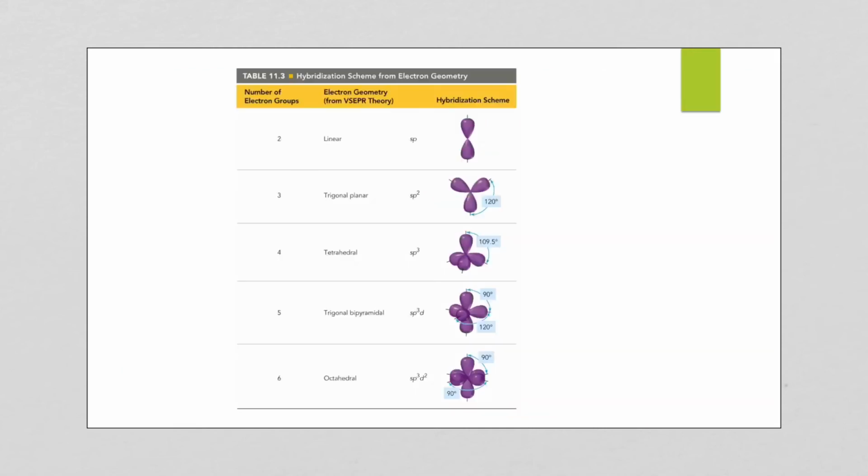Okay, so let's take a quick review here. We've gone through 5 types of hybridization, and we've seen how these are utilized to match or explain the geometry that is predicted via Lewis and VSEPR theory.